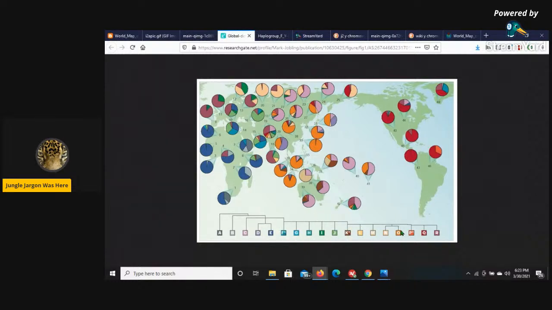And then the K, L, M, N, O, P, Q, R, and S and T are Japhethite Y chromosomes.